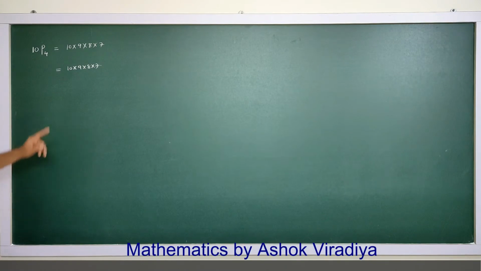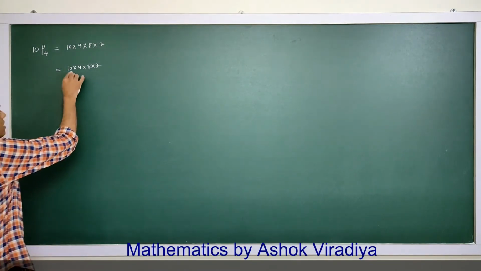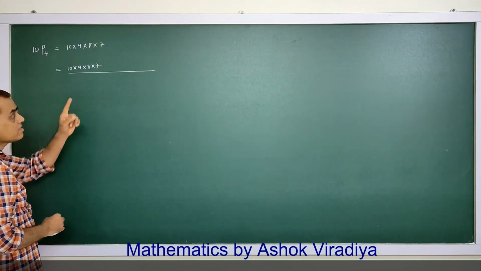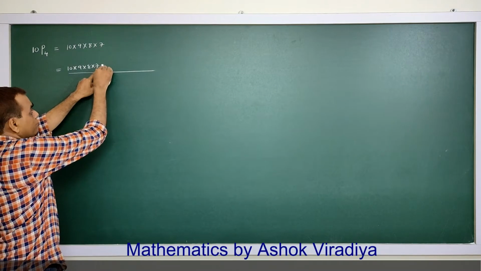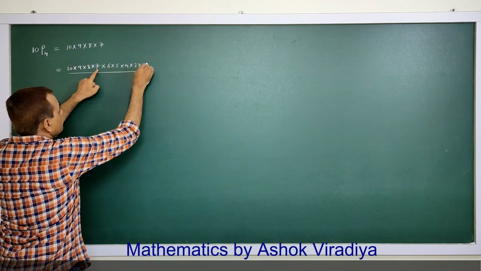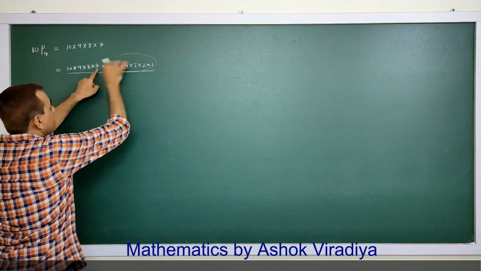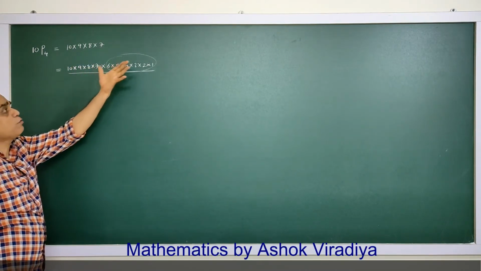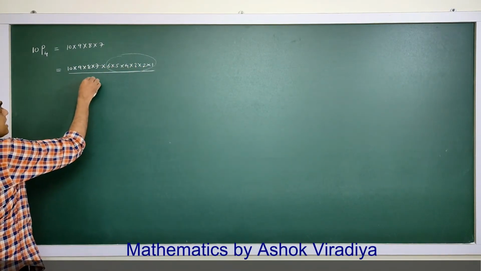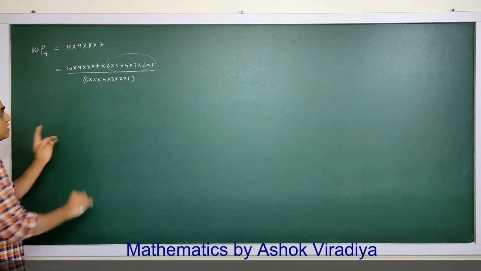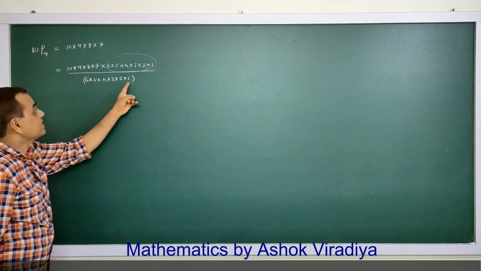See what I do: to this value I multiply and divide by the product continued down to 1, 6 into 5, 4, 3, 2, 1. So this is extra, we can't change the value. So whatever value we have multiplied, we divide by the same. So here multiplied and divided by 6 factorial.